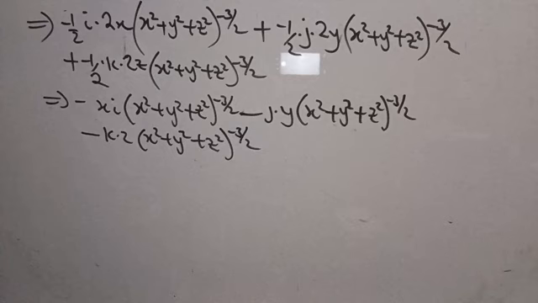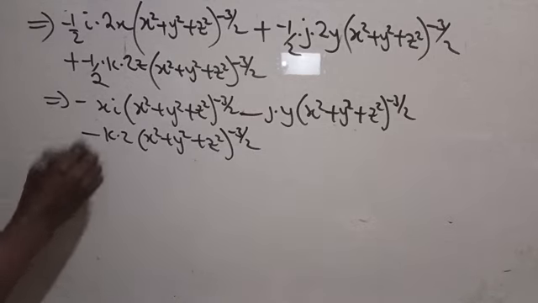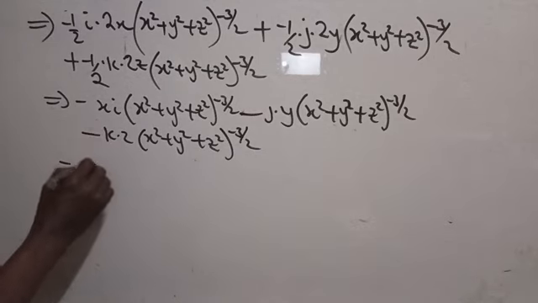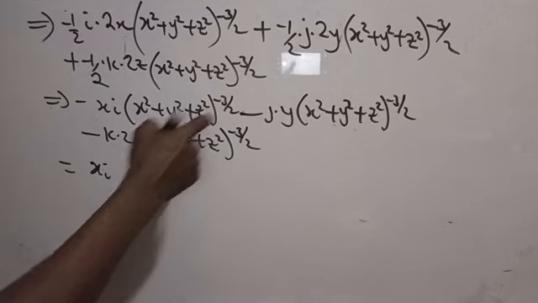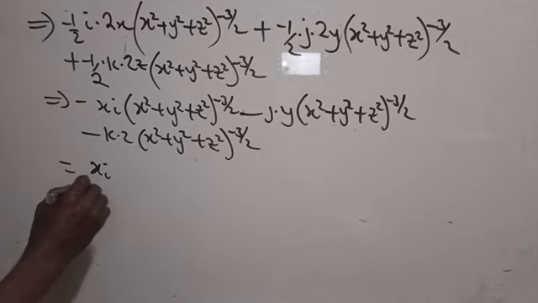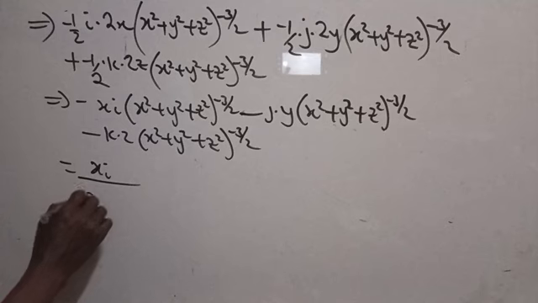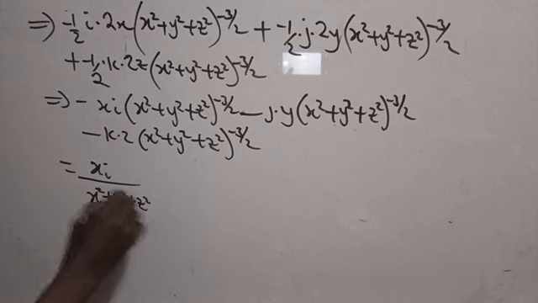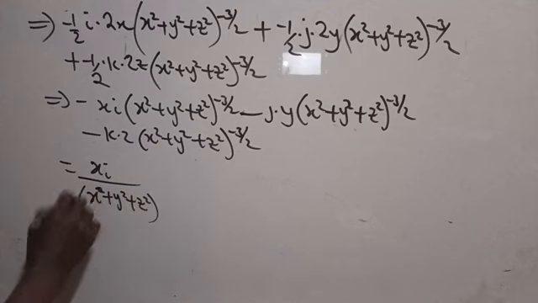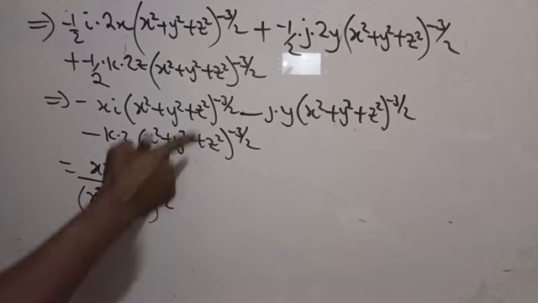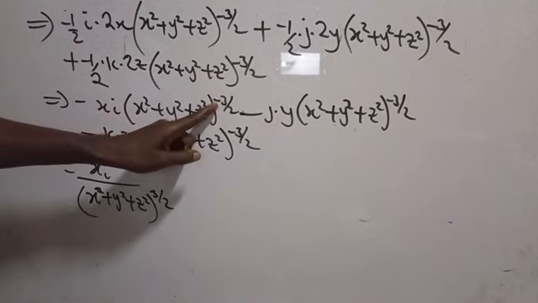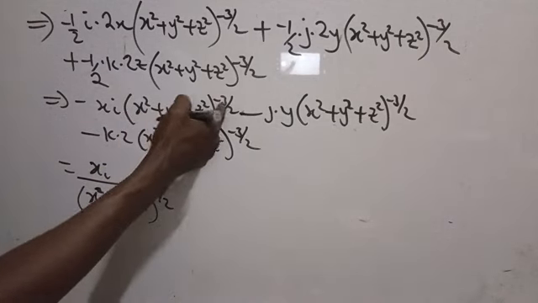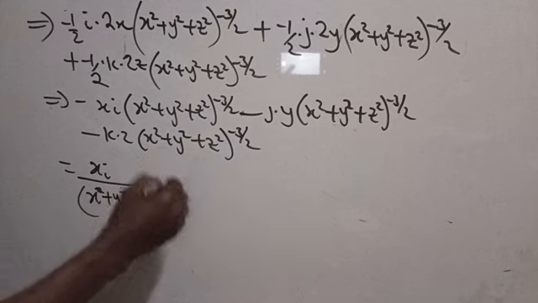Now, writing this properly, we have xi all over x squared plus y squared plus z squared raised to the power 3 over 2. If the power is negative, it's like 1 over the whole of this raised to power 3 over 2, according to the law of indices.